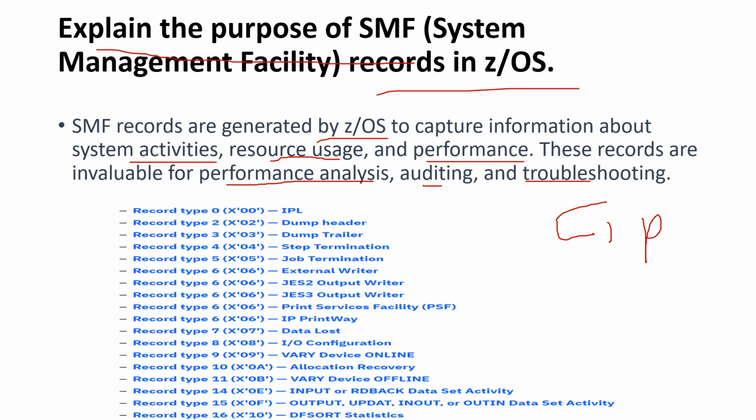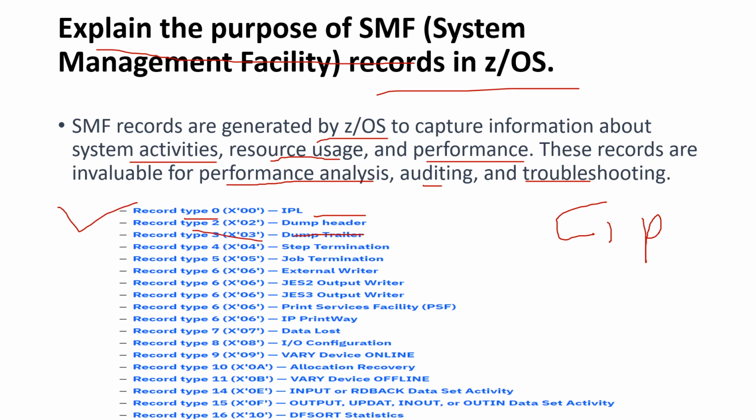So this is a screen print. There are lots of record types that exist in z/OS. So for example, for IPL, we need to use record type 0. For a dump header, we need to use record type 2.